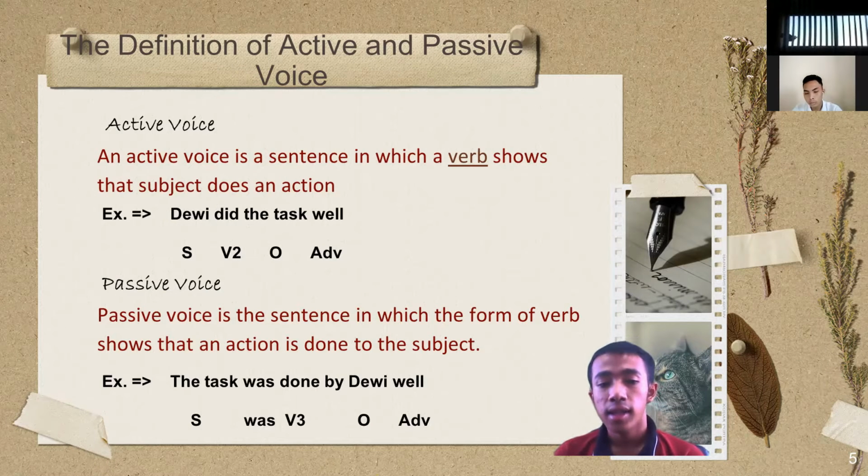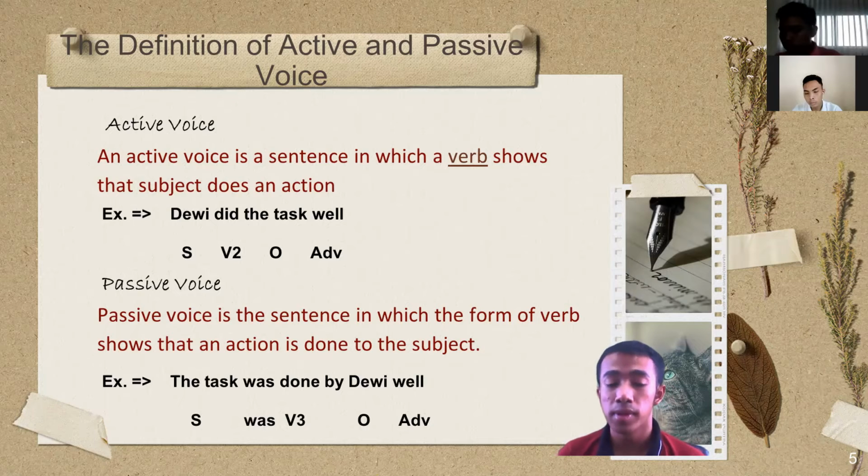The task, which is the object from the active voice, becomes the subject in passive voice. Was done is verb 3, the past participle, by Dewi. The subject in the active voice becomes an object.